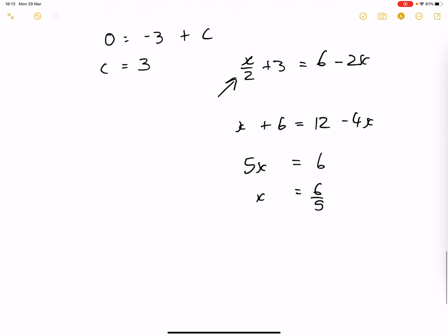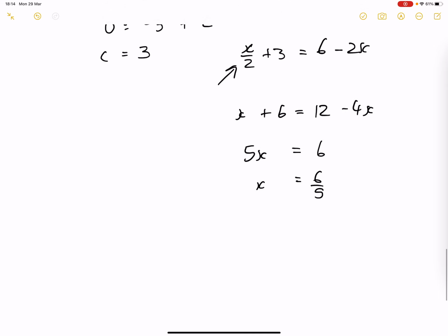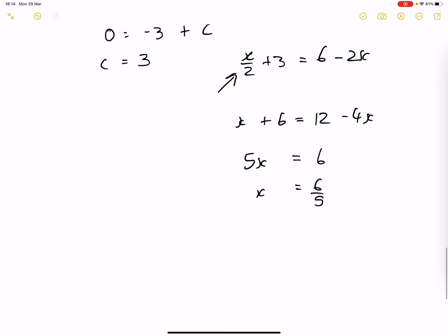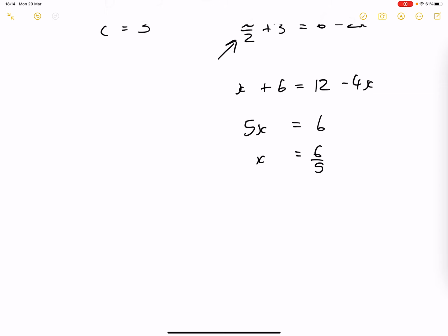Now, because I've got a fraction, I'm going to check just that I've got this right. Looks good so far. 5x, yeah, it looks good. And then I'll substitute that into my previous equation.